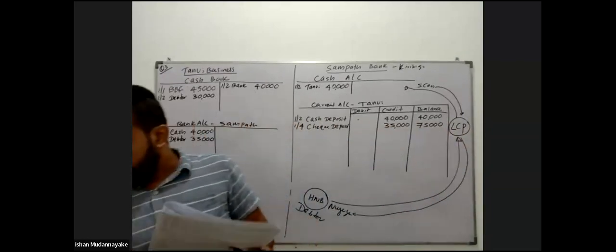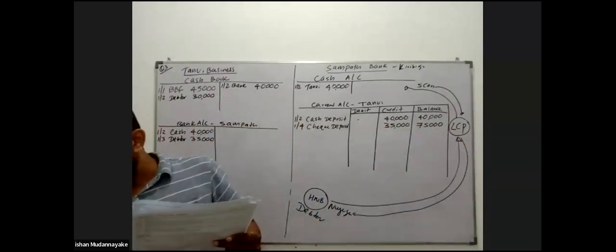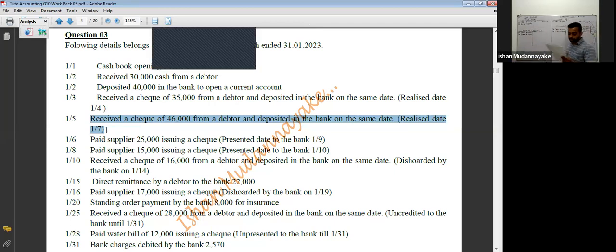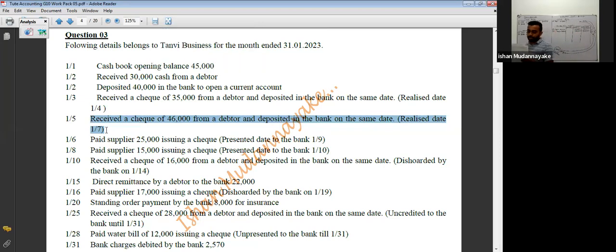Right, then go to the next transaction. 5th January. Quickly record this transaction. Received a check for 6,000 from a debtor and deposited in the bank on the same day. Realized date 7 January.